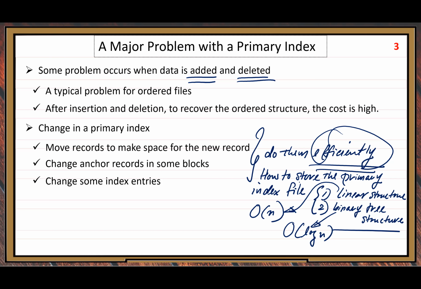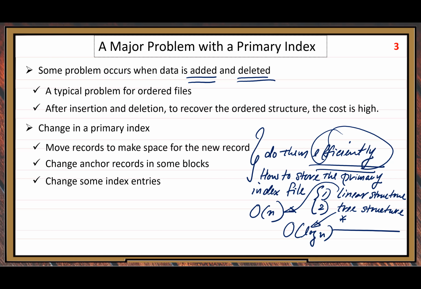That means when we store our primary index, we should take the tree structure, not binary tree. Because in a binary tree, each node only has 2 child nodes, which is limited. So we will use the tree structure, because each node can have multiple child nodes, much more than 2.